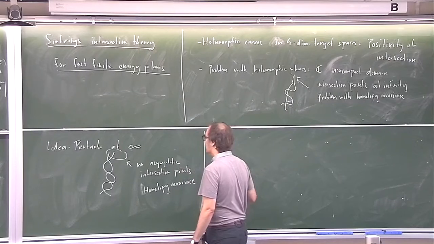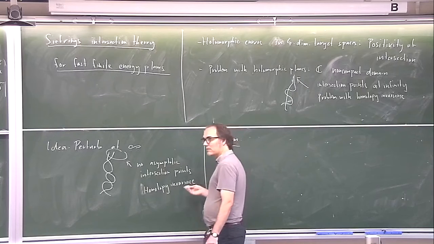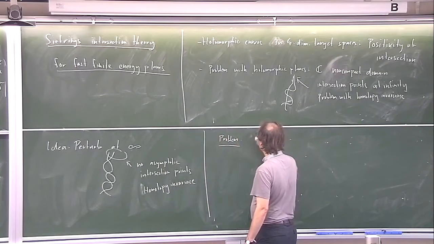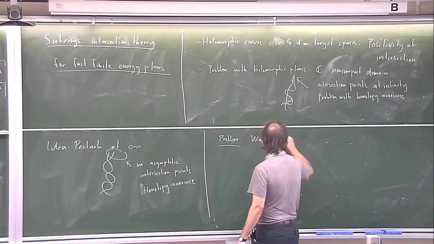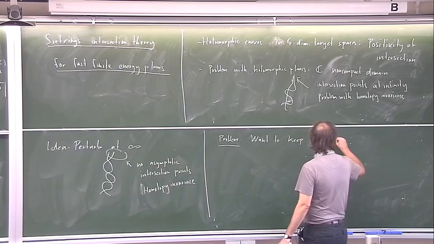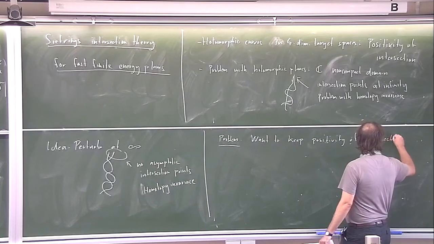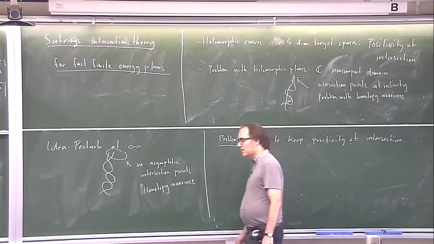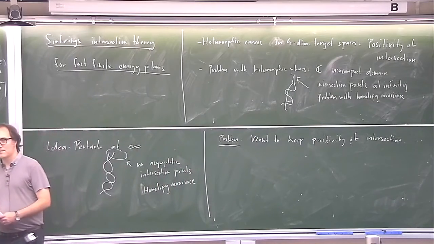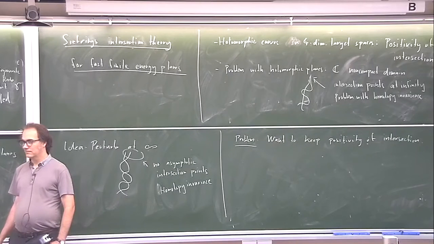And this is the problem which Siefring solves: he wants to keep positivity of intersection. So that's the plan for this afternoon, and I think now it's 12.